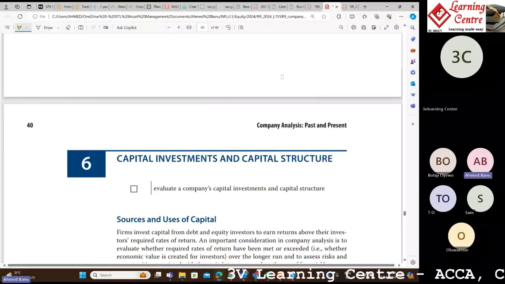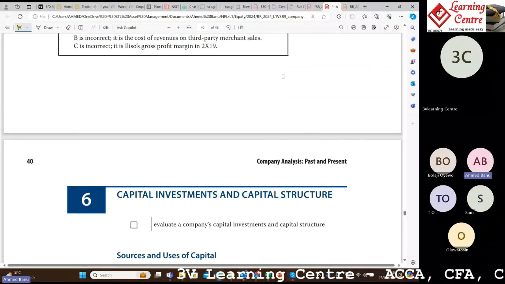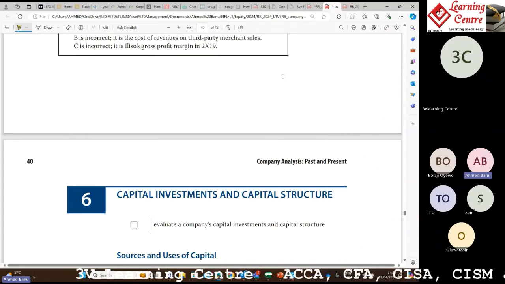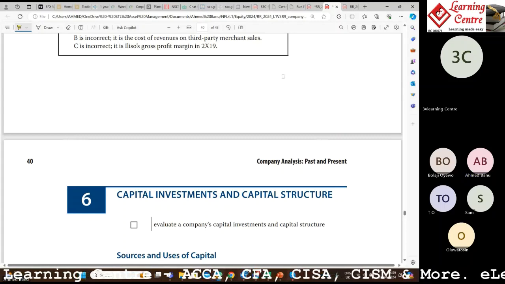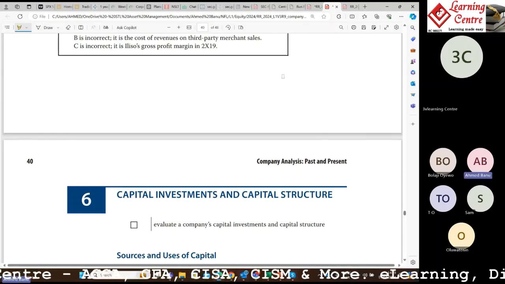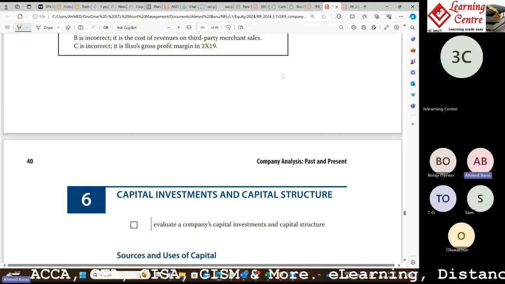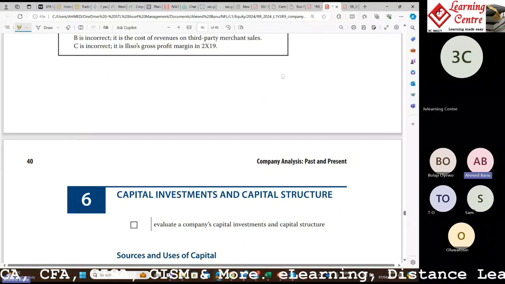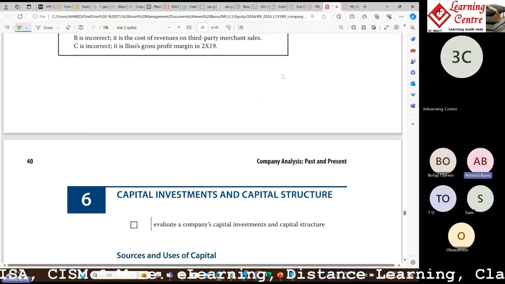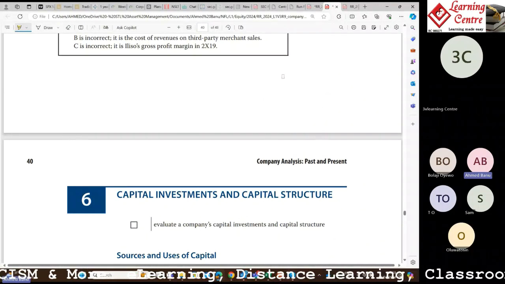So when you are forecasting, all these things I'm saying would form the base. We need to be able to forecast the company's revenue. We need to determine the company's profitability, either forecasted from a profit margin perspective or from an operating cost to revenue perspective.